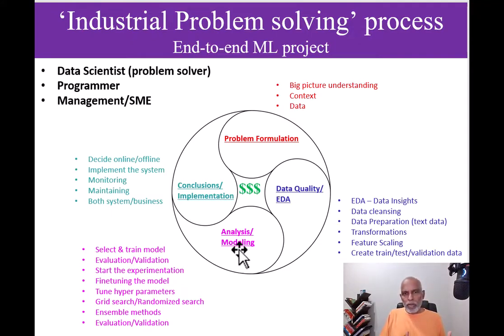By that I mean you will experiment with the various modeling techniques. Within a regression method there are so many methods, and within classification there are so many methods. So you'll have to experiment with that, and then fine-tune the model and tune hyperparameters. Maybe an ensemble method, where you use multiple models coming together, and then do the evaluation and validation and get satisfied that your best model is achieved. I'm going to talk to you a little more about the modeling strategy.